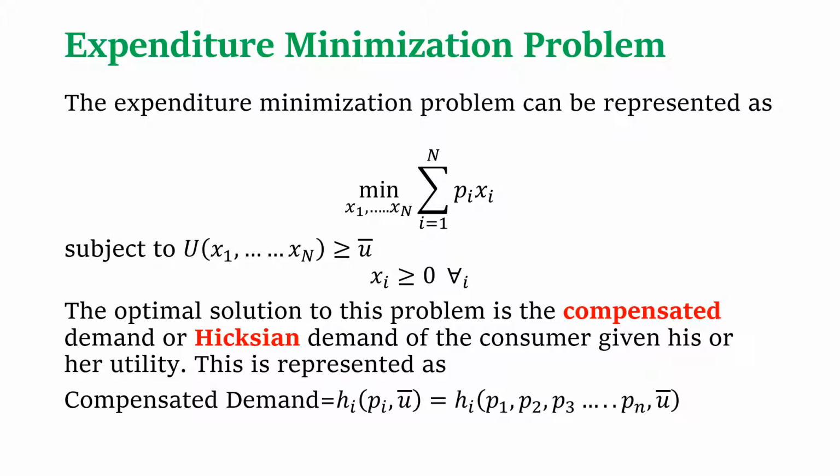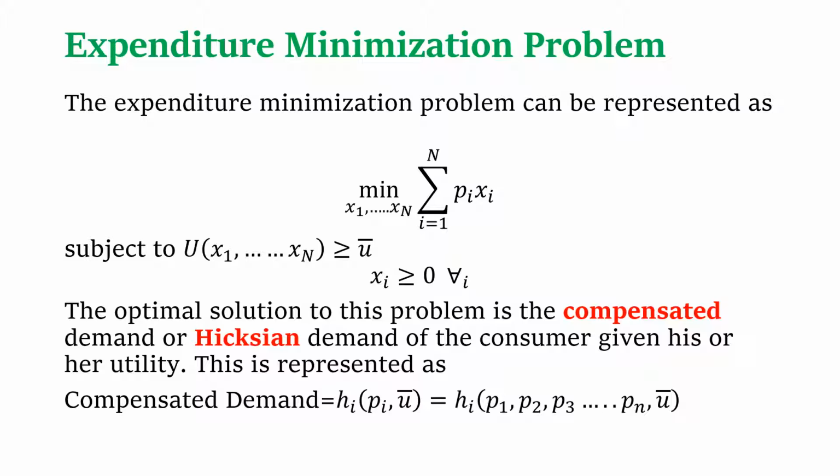In the expenditure minimization problem, we are going to do the same thing. You can even have Leontief preferences as well as Cobb-Douglas type preferences. To make matters simple, we are going to just look at the Cobb-Douglas type preferences here.